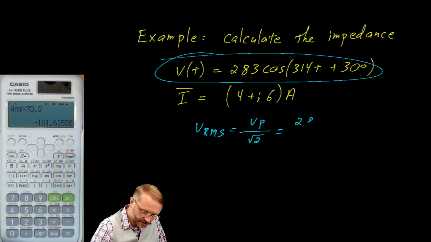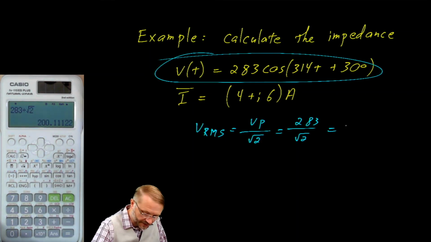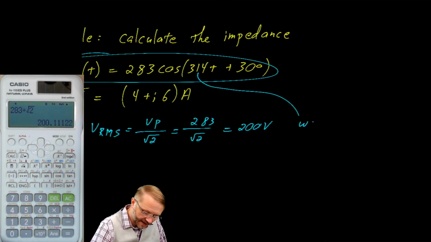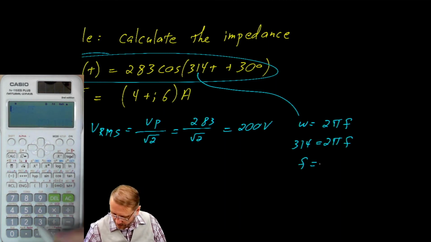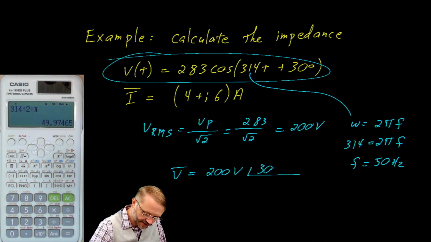In this case, that's 283 over root 2, which is 200. And because we'll need it later, omega is 2 pi f. So 314 is equal to 2 pi f. F is equal to 50 hertz. It gives us a voltage vector of 200 volts at a phase angle of 30 degrees.